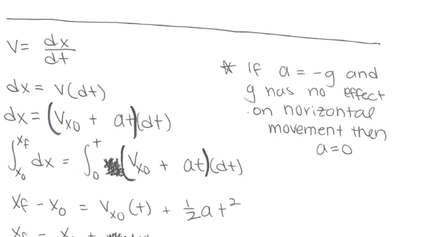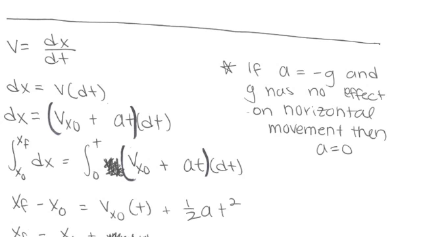The process for finding the position equation in the x direction is very similar to that of the y direction. First, we know that v equals dx over dt, and we manipulate it to get dx equals v times dt. Then we plug in the equation that we found above, which is dx equals vx initial plus at times dt.